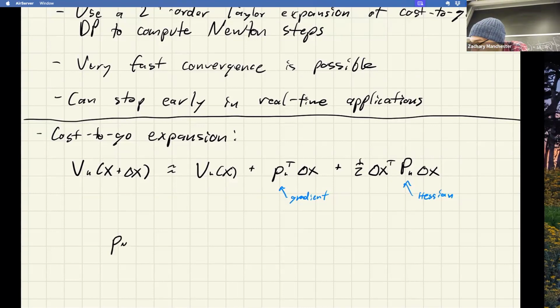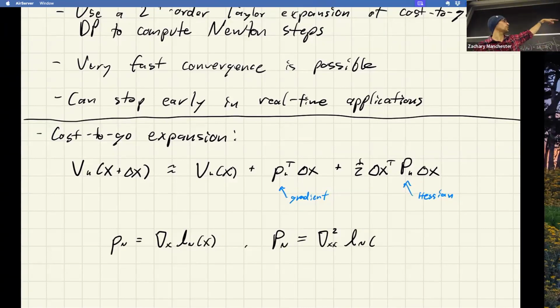So little pn is just the gradient of our terminal cost. And the big P, the Hessian, is just the Hessian of our terminal cost. I'm going to use sub xx to mean the Hessian with respect to x. So that's d squared L d x squared, right?